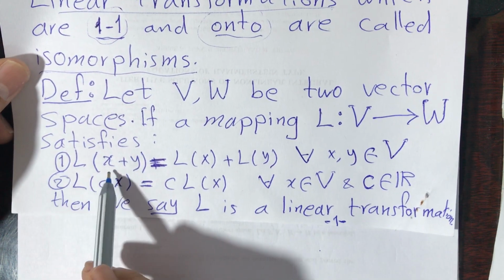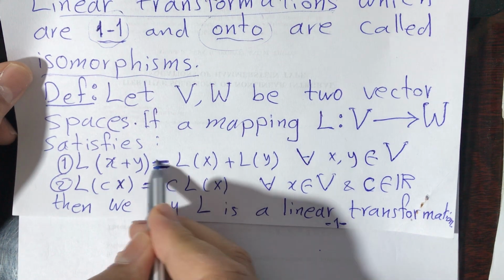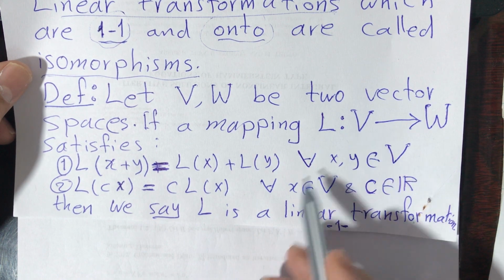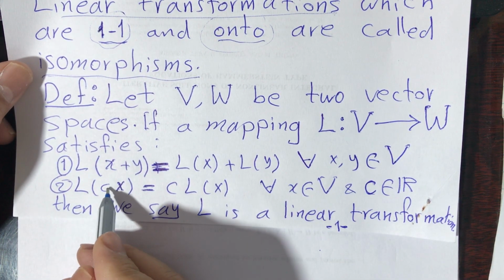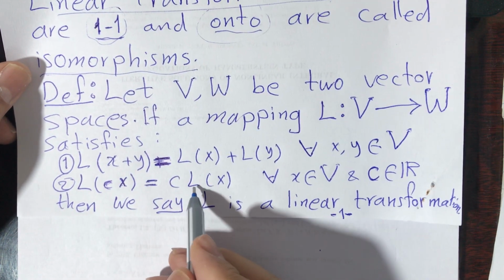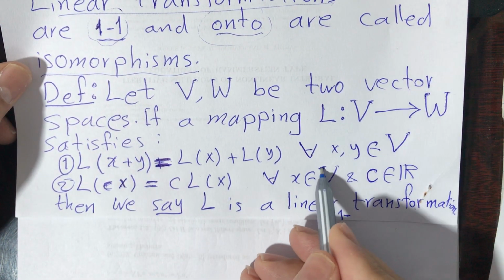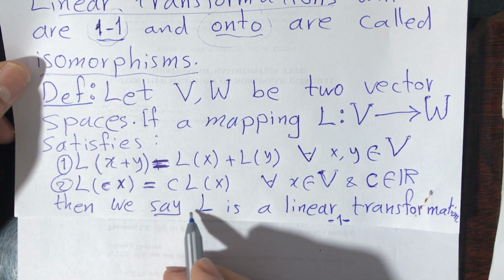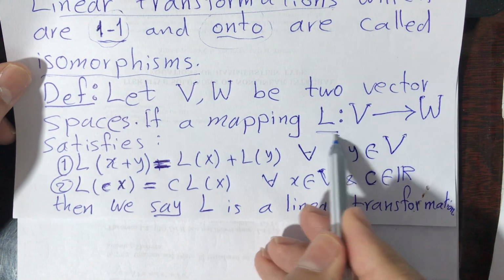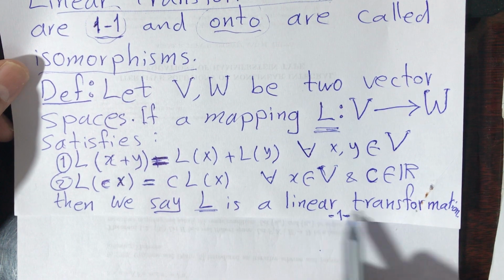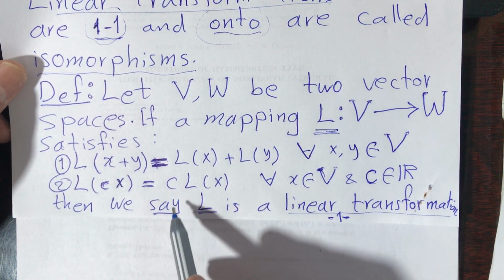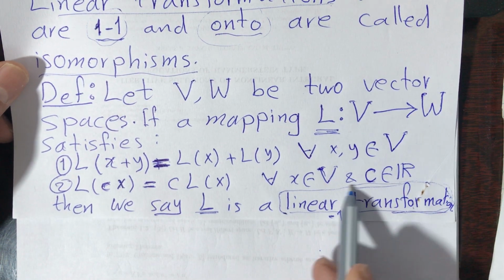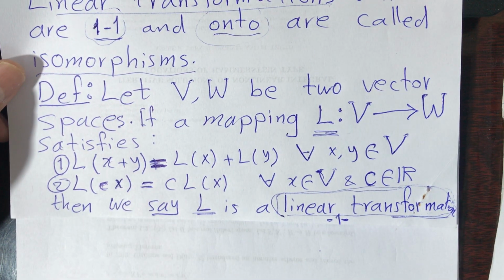Condition 1: L of x plus y is equal to L of x plus L of y for all x, y belonging to V. And condition 2: L of Cx is equal to C L of x for all x belonging to V and C belonging to R. Then we say L is a linear transformation. This is important. This is the definition of linear transformation.